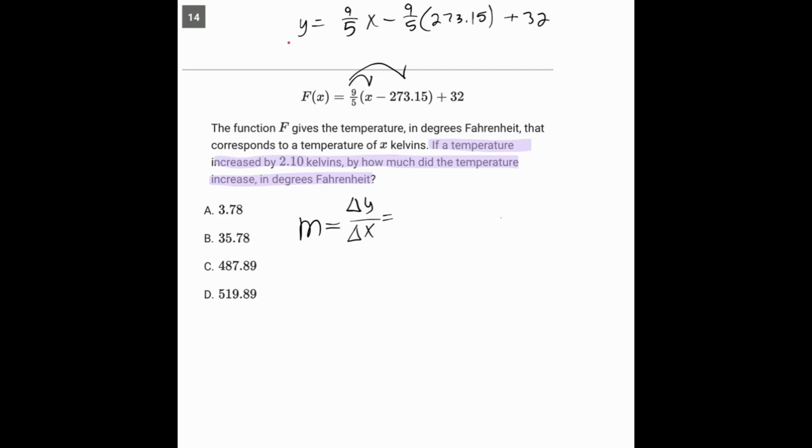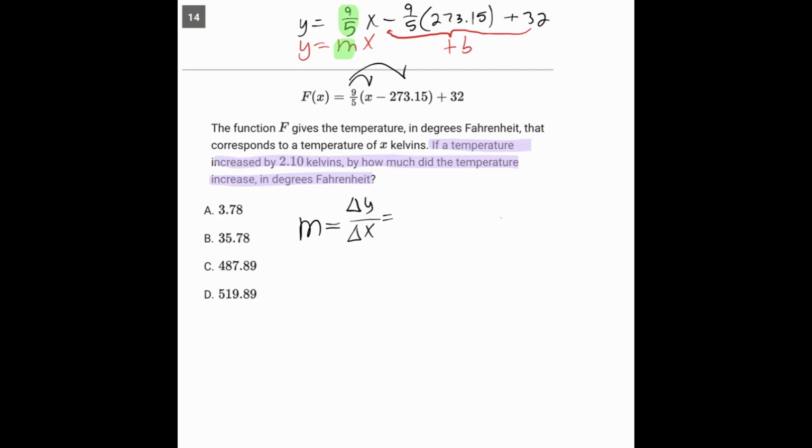So this is already in the format of mx plus b. So all this stuff is the b because none of that has an x attached to it. So the b is the part of the equation that doesn't have the x in a linear situation like this. So now we know a little more decidedly that the slope is the 9/5.